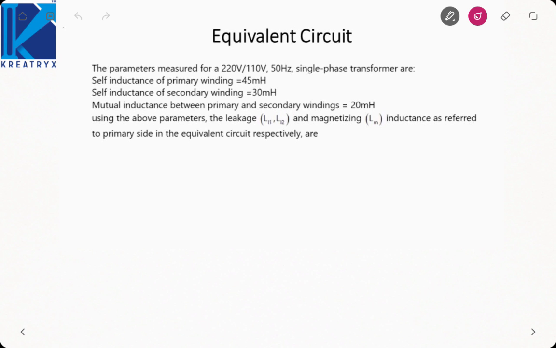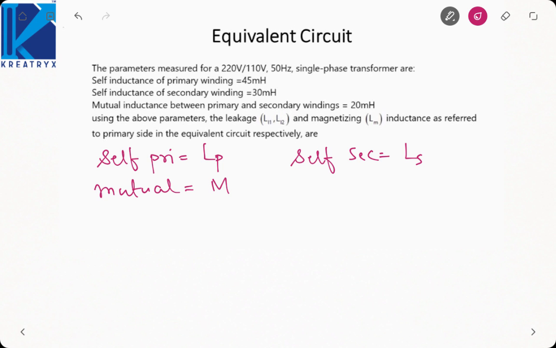So for that, what you have to remember is, suppose self primary is LP, self secondary is LS. Self secondary means self inductance of the secondary winding. Mutual is, let us say, M. So what is the leakage inductance in primary? That will be LP minus M N1 by N2.